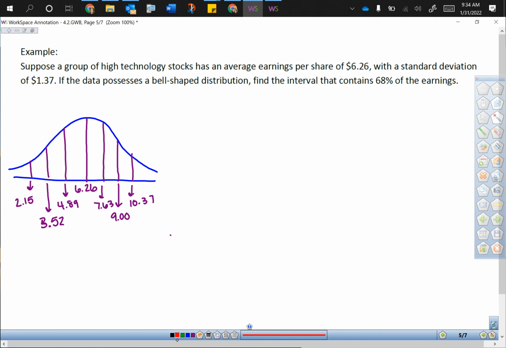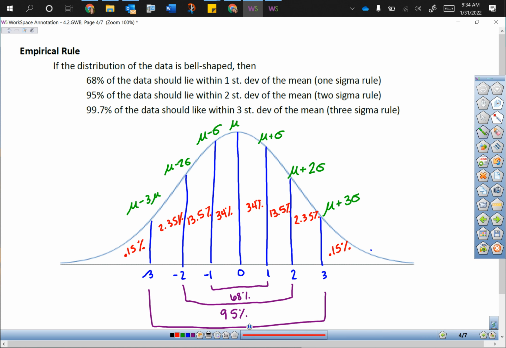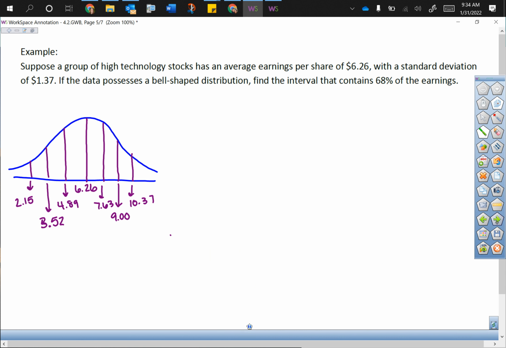So it says, if the data possesses a bell-shaped distribution, we just drew that, find the interval that contains 68% of the earnings. Now, if we go back and look at our little guy up here, 68% was within one standard deviation. That's the 1 sigma rule. So within one standard deviation is this guy right here. What is the interval that contains 68% of the earnings?